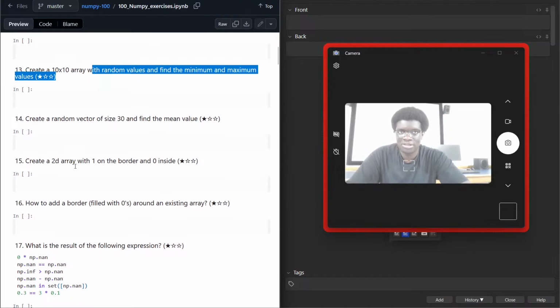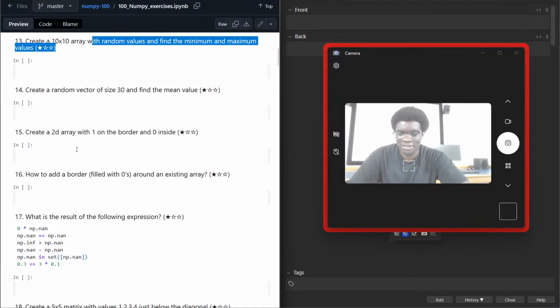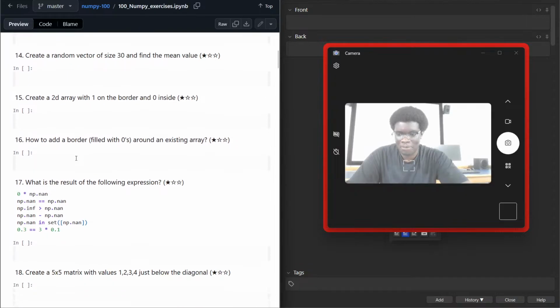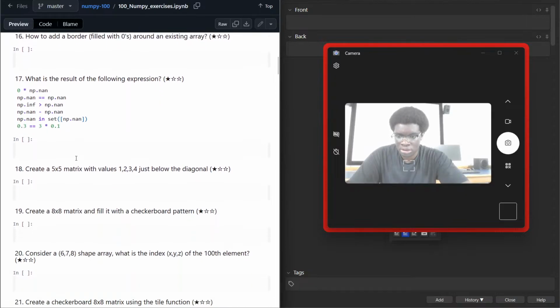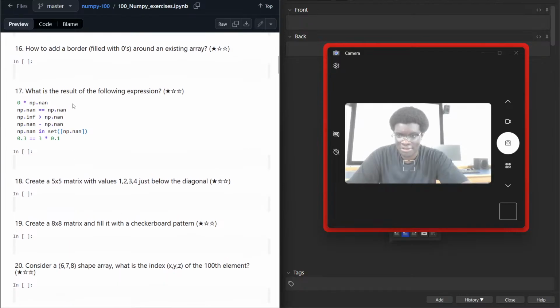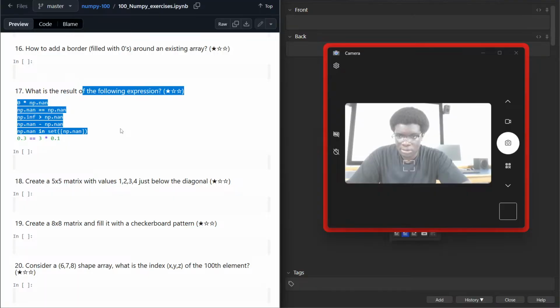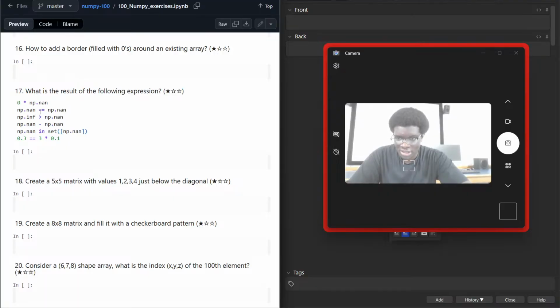So what? 12.5 plus 25 divided by 2. We'll just call that like 15. It's a bit less than that, but whatever. Sorry, we'll call that 17. What's the result of this? 0 times nan is nan.